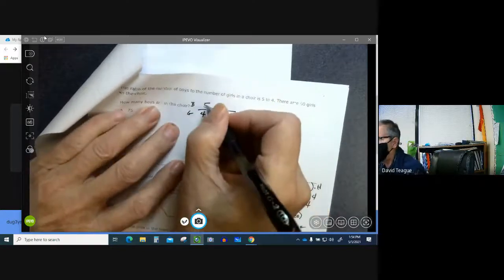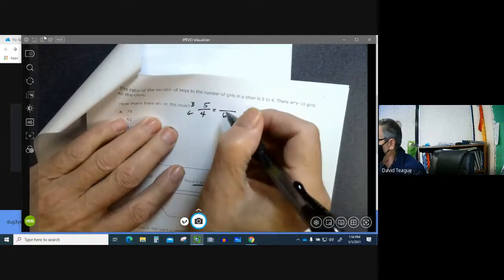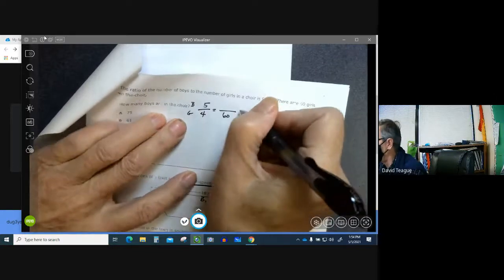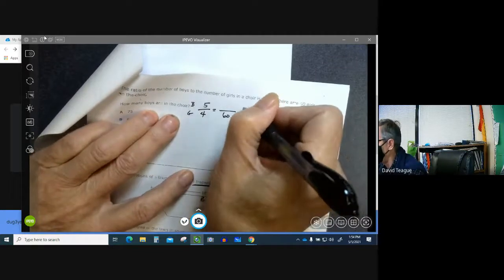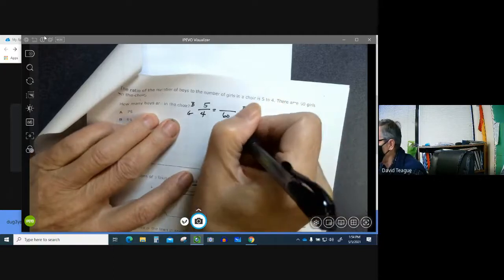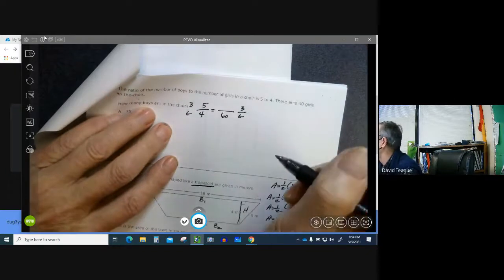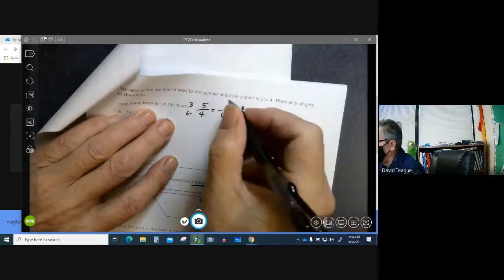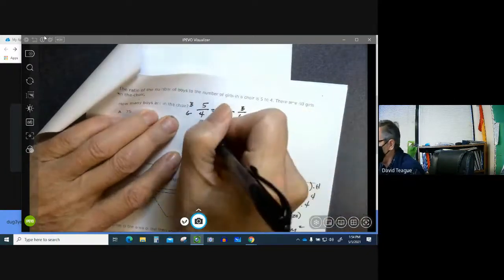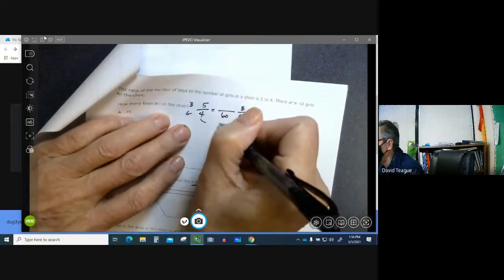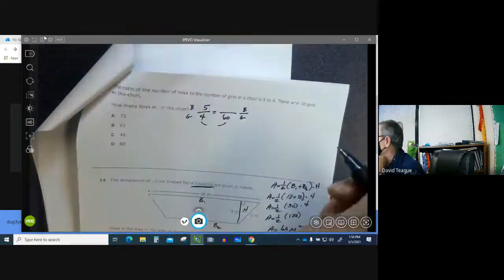So I have a ratio of 5 to 4. I want to find a new ratio, or equivalent fraction, of boys to girls where there are 60 girls. Just like that other problem, 4 times what number gives me 60?